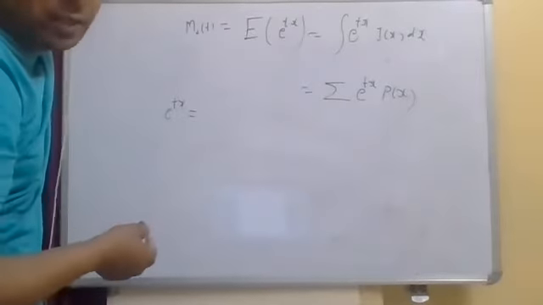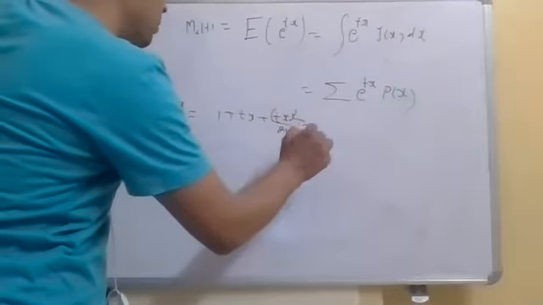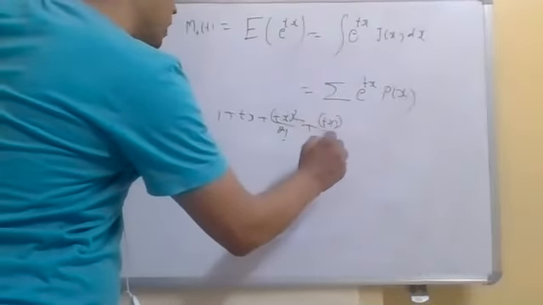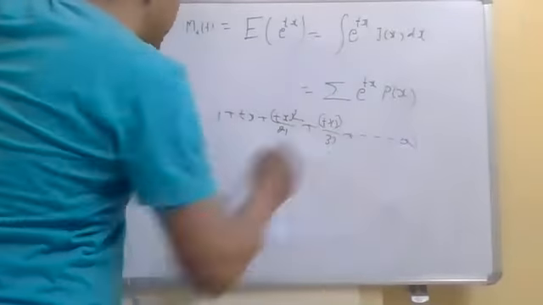And we know the expansion of e to the power tx: 1 plus tx plus (tx) whole square divided by factorial 2, plus (tx) cubed divided by factorial 3, and so on up to infinity.